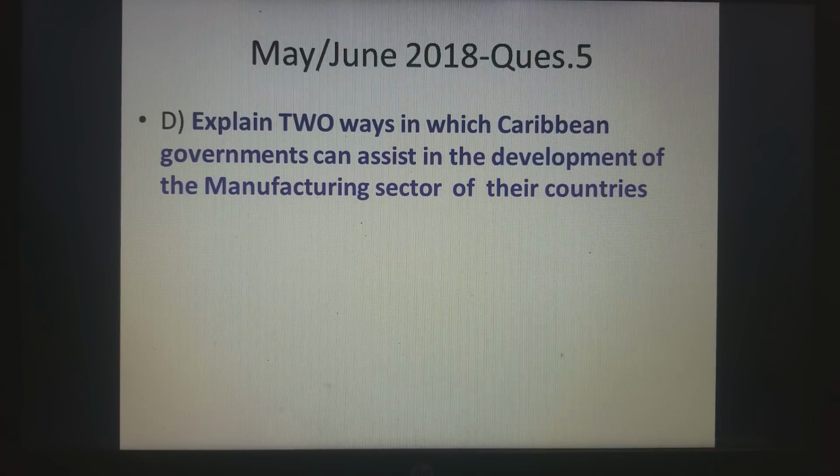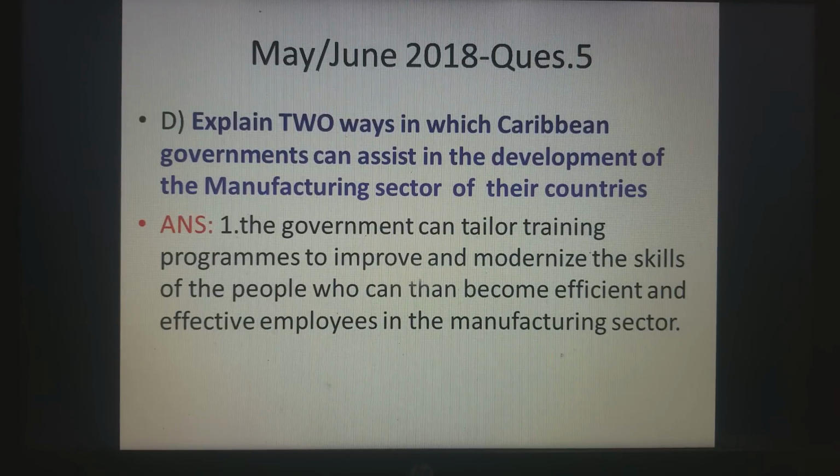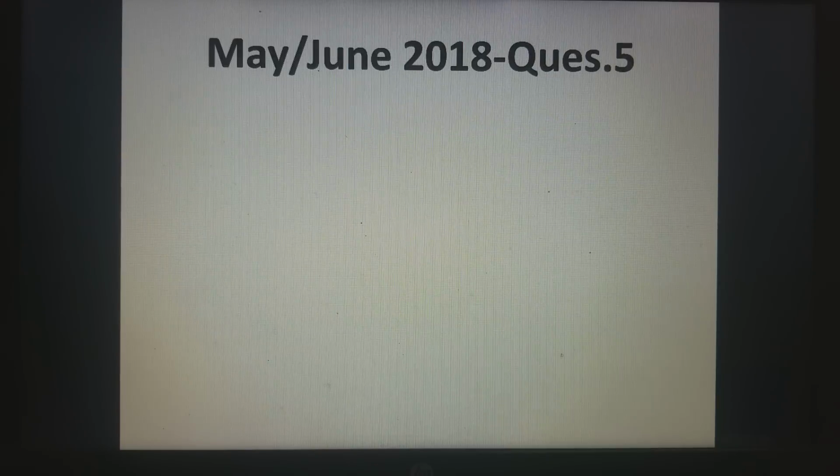Yes, Caribbean government can assist in the development of the manufacturing sector. Now, 1, the government can tailor training programs to improve and modernize the skills of people who can then become efficient and effective employees in the manufacturing sector.